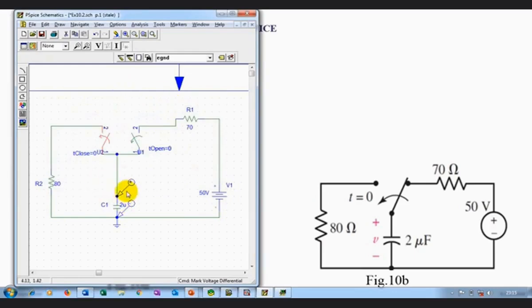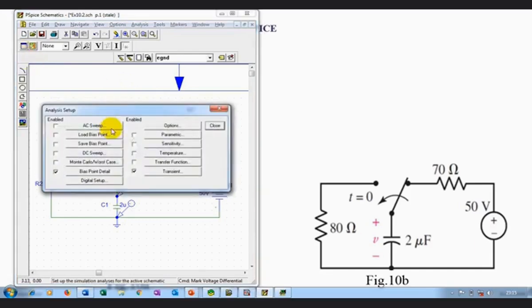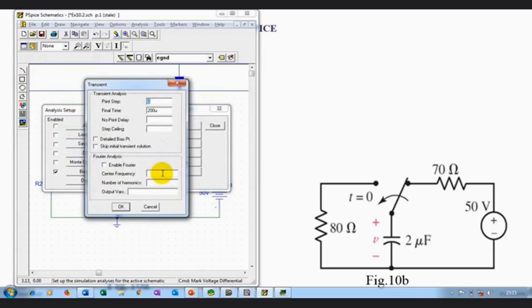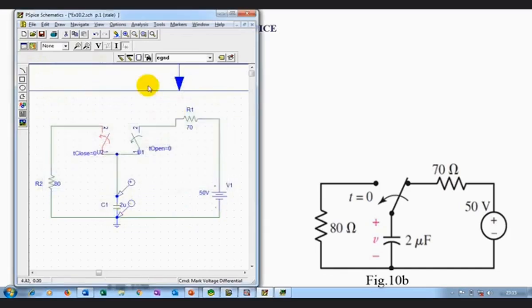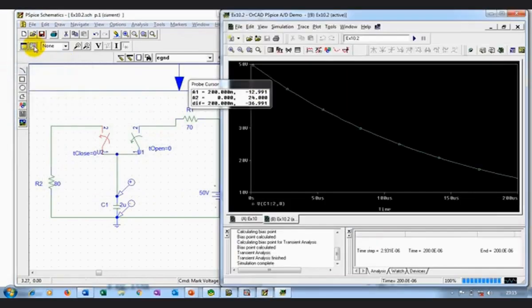I have placed a voltage marker. Go to setup analysis, enable transient, and the value of final time should be slightly greater than what we have set. We have set 160 u, that is 160 micro, so I have set it here as 200 micro. So let's simulate and see if the answers are matching.